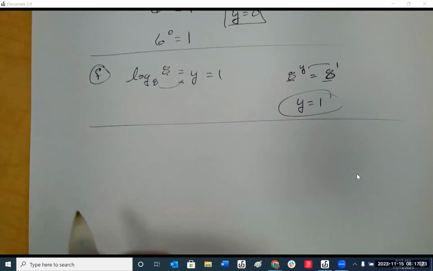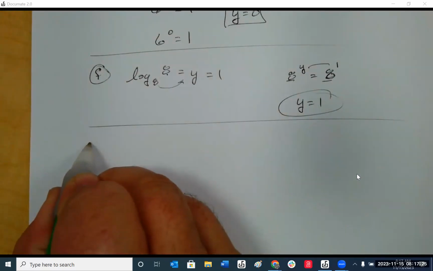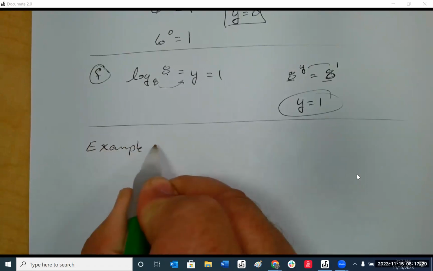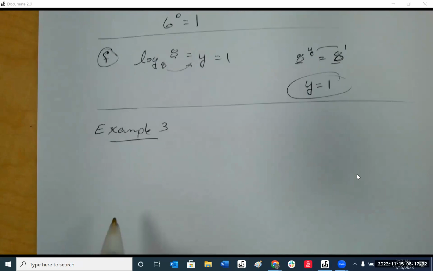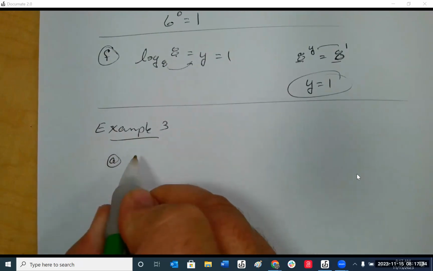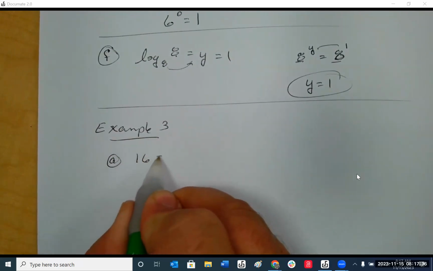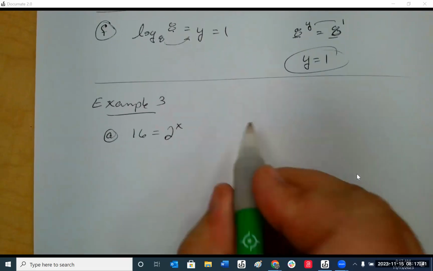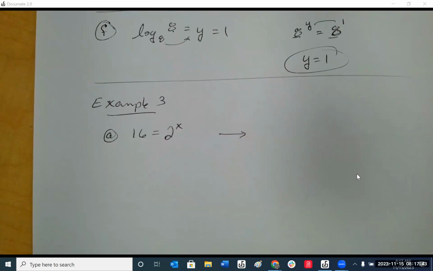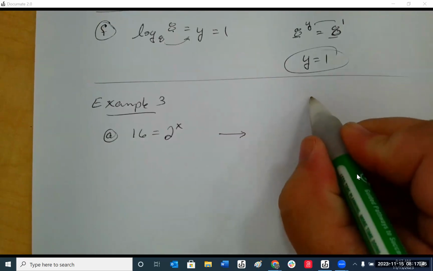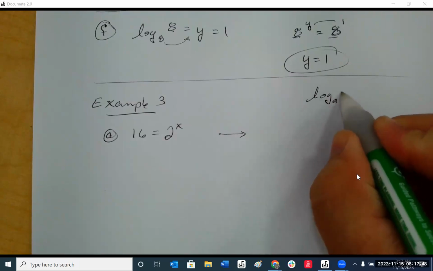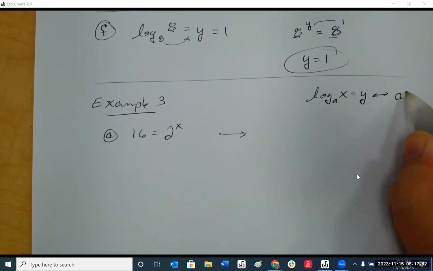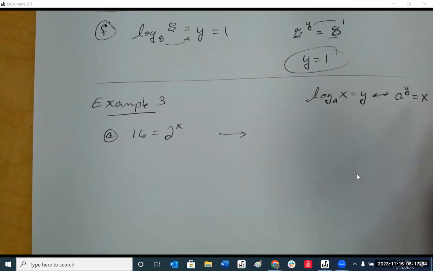Now let's practice converting between logarithmic and exponentials. Example 3. Given 16 equals 2 to the x, write it as a log. Remember the log conversion formula is this.